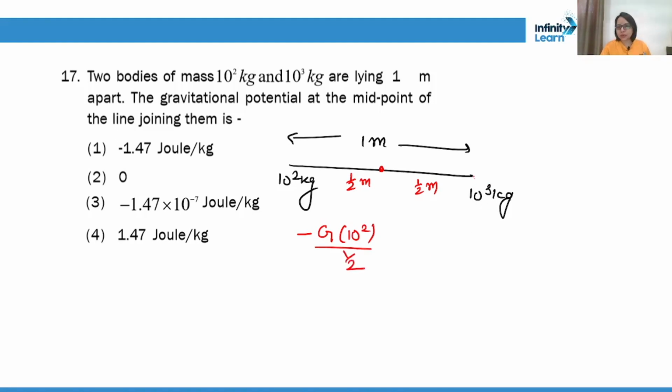And because of this 10 power 3 kilogram, gravitational potential at this point will be minus G 10 power 3 divided by r. Right, minus GM upon r. You can add these two gravitational potentials to get the total value of gravitational potential at midpoint P, right, and this will be minus 1.47 into 10 power minus 7 joule per kilogram.